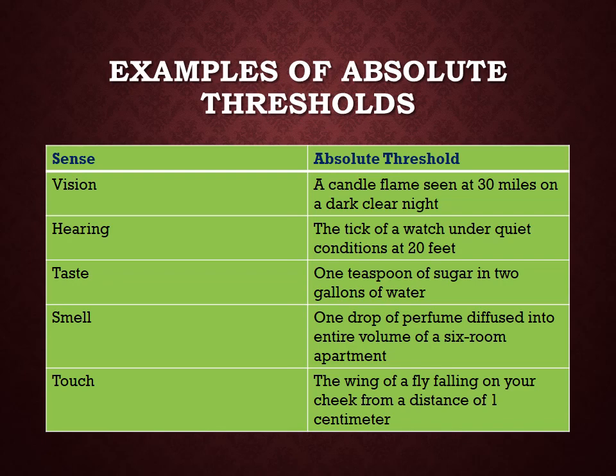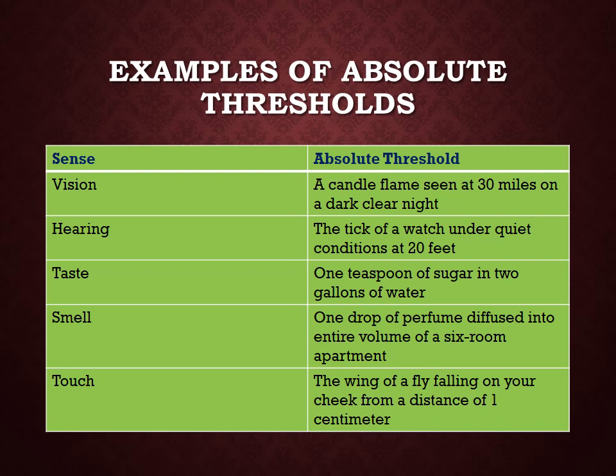When we talk about absolute thresholds, the easiest way that I have found to keep them clear in my head is using something like pain tolerance. When we talk about someone who has a low tolerance for pain or a high tolerance for pain, we're usually talking in terms of threshold. So if someone has a high pain threshold, they need lots and lots of pain before they detect it.